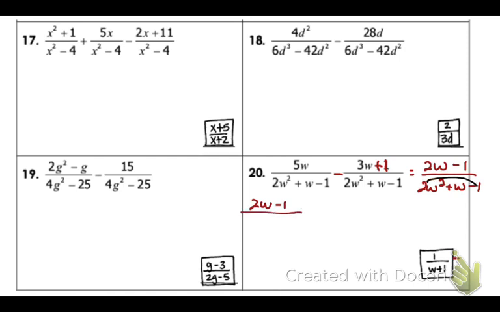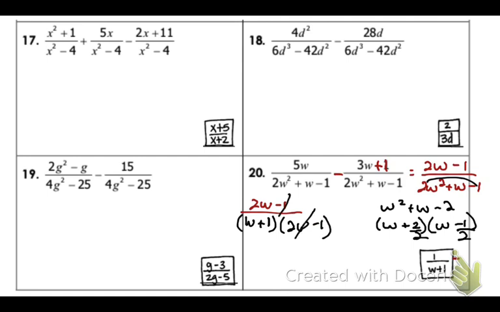Again, it's going to be one of those factoring problems. So w squared plus w minus 2. Then we're left with w plus 2 and w minus 1. But again, you're going to have to divide by that 2. So I'm left with w plus 1 and 2w minus 1. These cancel. I'm left with 1 over w plus 1. And again, that checks out.